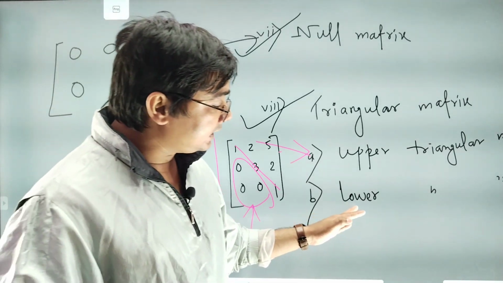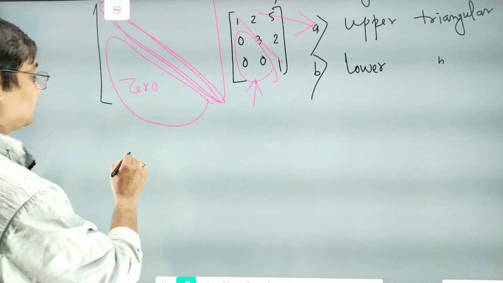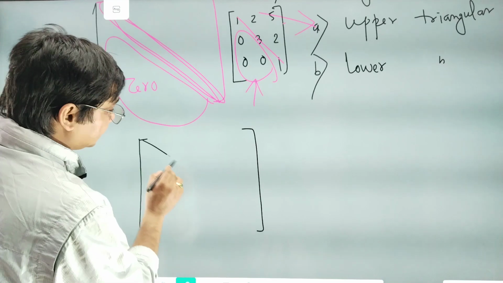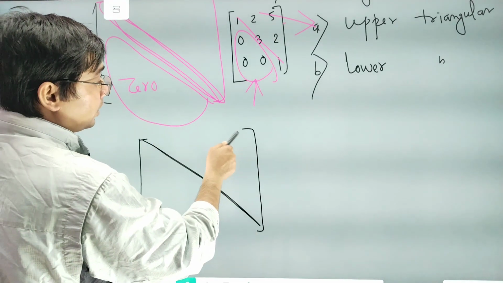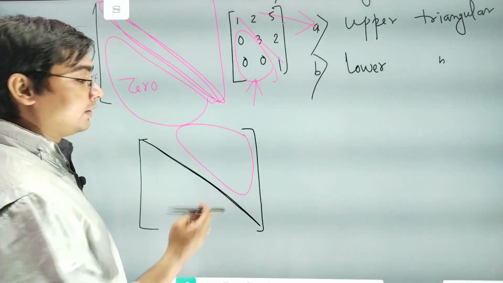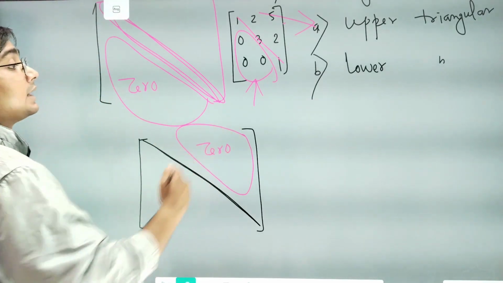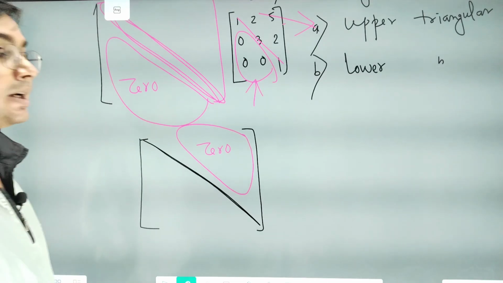Similarly, the lower triangular matrix is like this. A matrix, and this is the principal diagonal. If all the elements above the principal diagonal are 0, this type of matrix is called a lower triangular matrix.